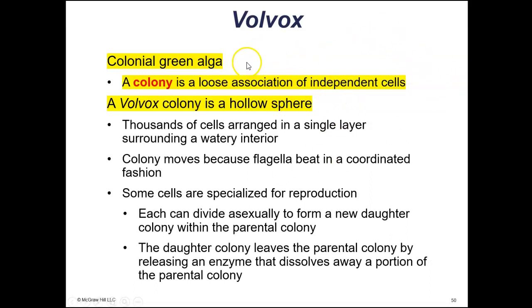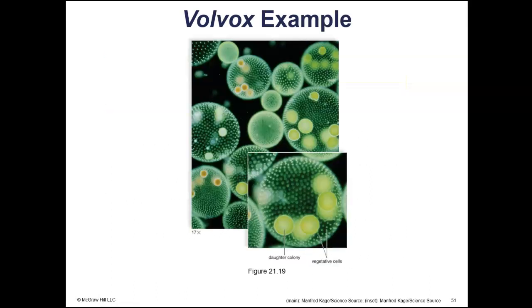Volvox is one that we will see. We have a preserved slide that we'll look at in lab. Volvox is a colonial green algae. That means it's a colony of independent cells, like a hollow sphere, kind of like a basketball. So all of these balls are colonies of independent algae cells, and the whole thing is called a volvox.